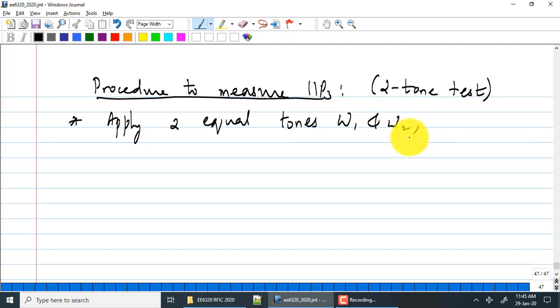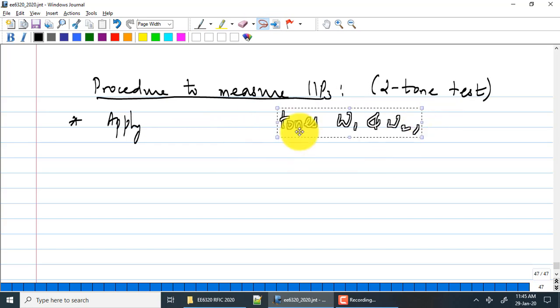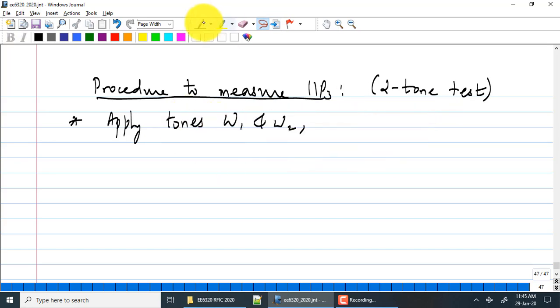But the important thing, I'll reword it slightly differently. Apply two tones, omega 1 and omega 2, of equal amplitudes.